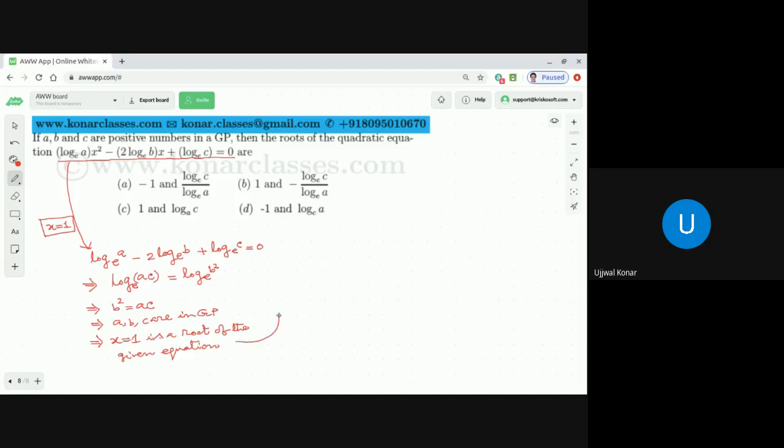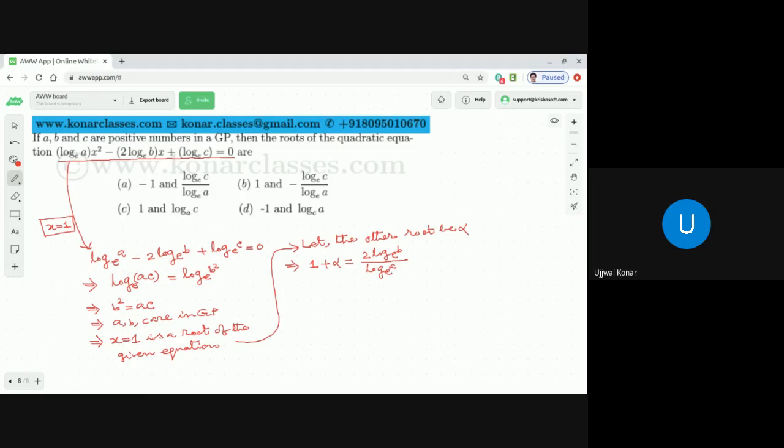Because it is a quadratic equation in x, it has at most two roots. If one root is 1, let the other root be alpha. Then from the relationship between the roots and coefficients, we can say 1 plus alpha is equal to 2 log b base e divided by log of a base e.